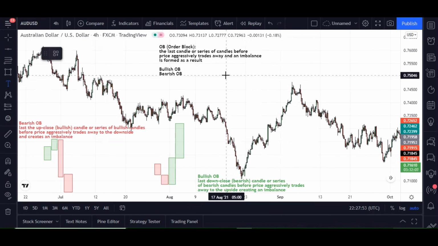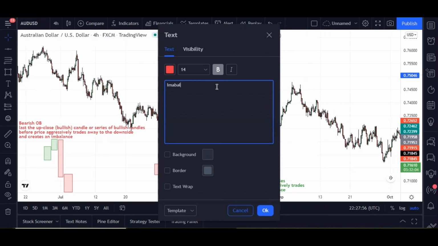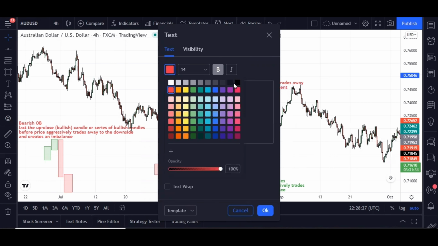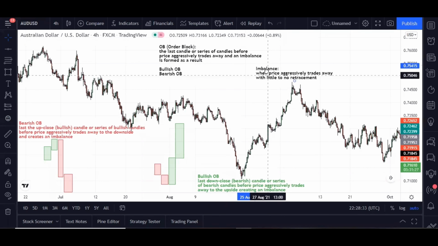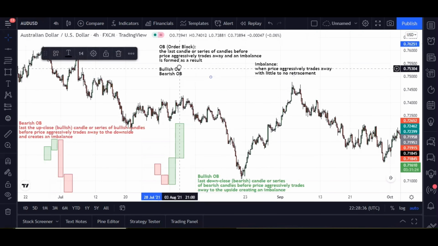So what is an imbalance? An imbalance is when price aggressively trades away with little to no retracement, right?